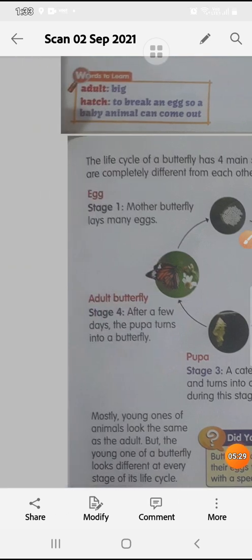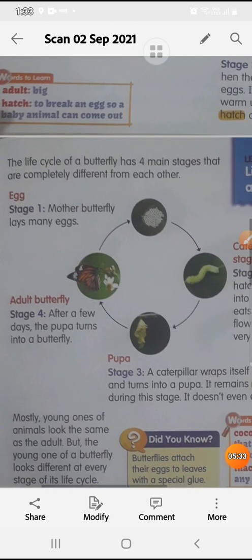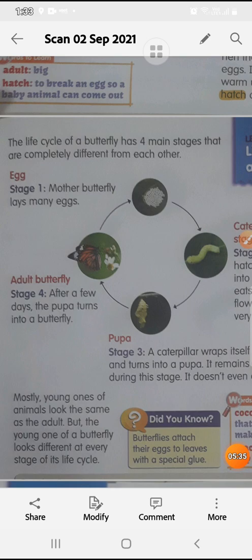Now the last stage is adult butterfly, and in this stage, after a few days, the pupa turns into a butterfly. Okay, the caterpillar comes out from the cocoon in the form of a butterfly. Okay, so mostly young ones of animals look the same as the adult.